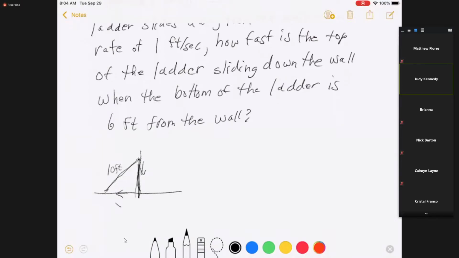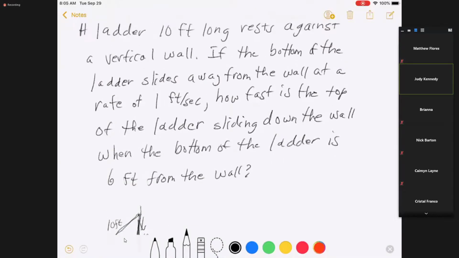So let's call this x and that y. And we want to figure out how fast the top of the ladder is sliding down the wall when the bottom of the ladder is 6 feet from the wall.